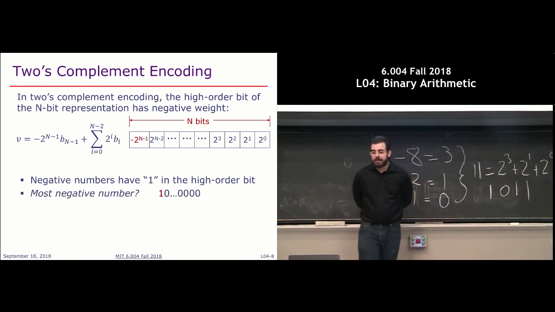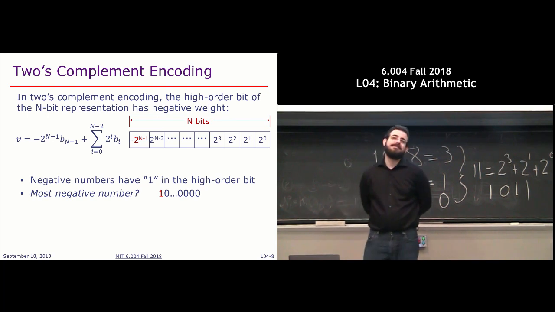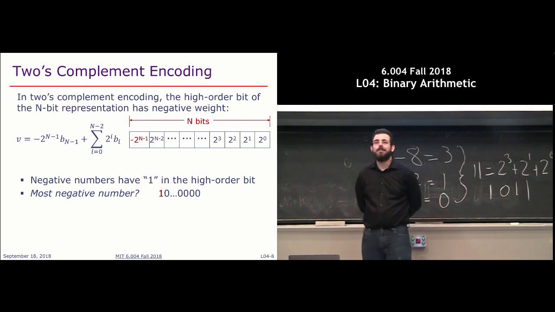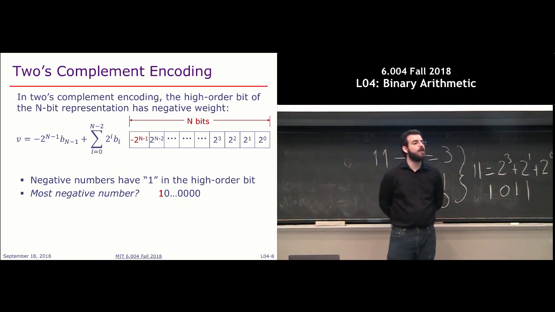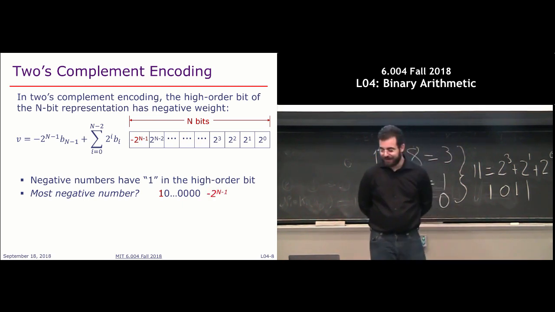OK, so what is the most negative number? What is the most negative number that you can represent with this in general, with n bits? Yes, exactly. So the weight of the most significant bit.